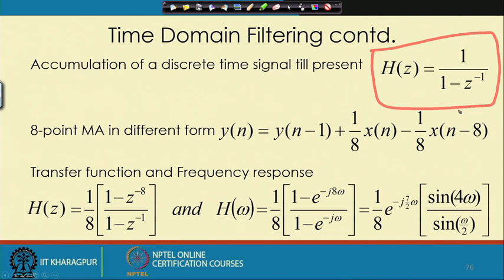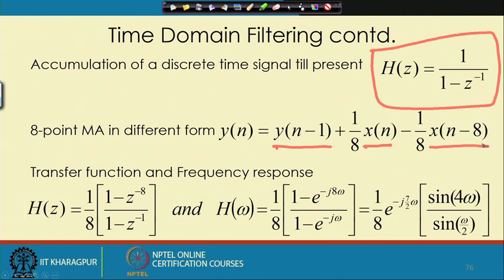We can implement an 8 point MA, where we take the last output of the filter plus the latest value, and as we have taken the 8 point MA filter, what is just coming outside the window, we need to subtract.